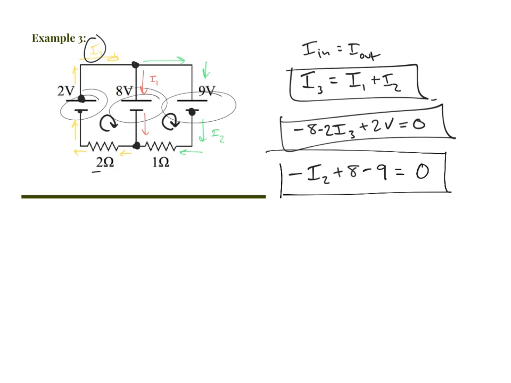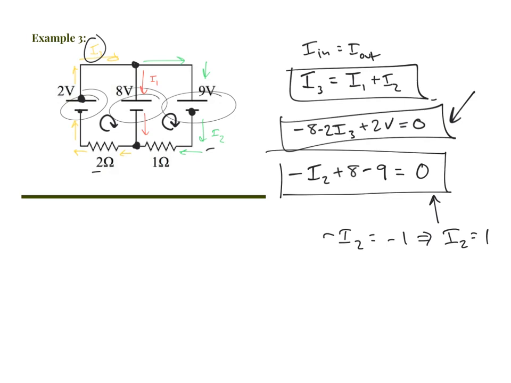And those are our 3 equations that we're going to use. Now we just have to solve these for I1, I2, and I3, which ends up being super easy. You can solve for I2 directly from this equation. Negative I2 equals negative 1. Therefore, I2 equals 1. And we found I2. Likewise, you can solve this one for I3 all by itself.